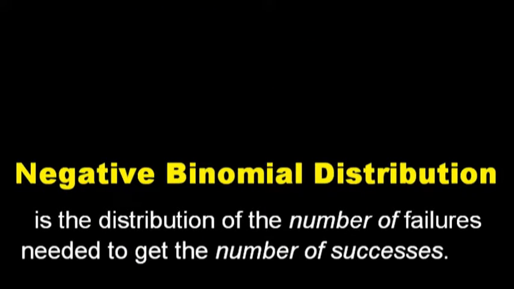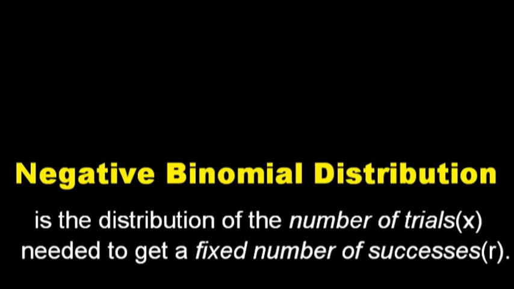Sometimes, negative binomial distribution is described as the distribution of the number of failures needed to get a fixed number of successes. But we're going to use the definition here. So what we're interested in is the probability distribution of the number of trials needed to get this fixed number of successes in repeated independent Bernoulli trials.